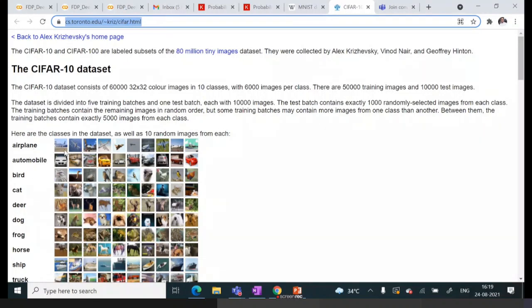You can see airplane images, automobile, bird, cat, deer, dog, frog, and so on. There are 50,000 images for training and 10,000 images for testing. And again, this is supervised learning. For each image, we already know the underlying correct class or name.